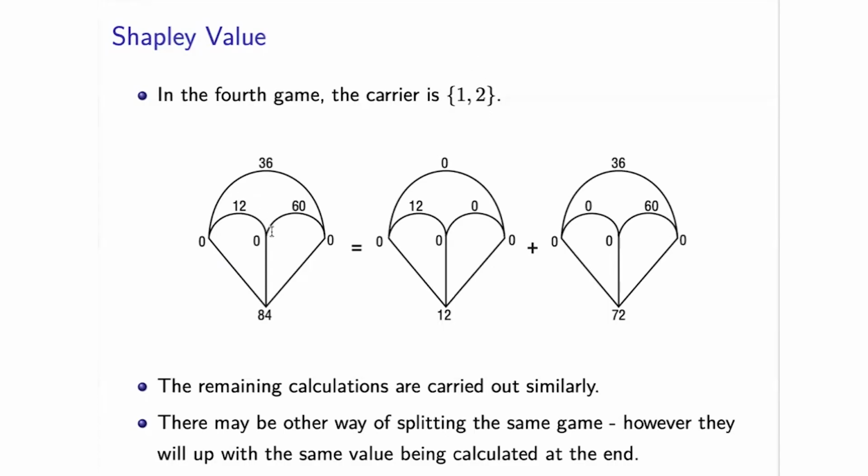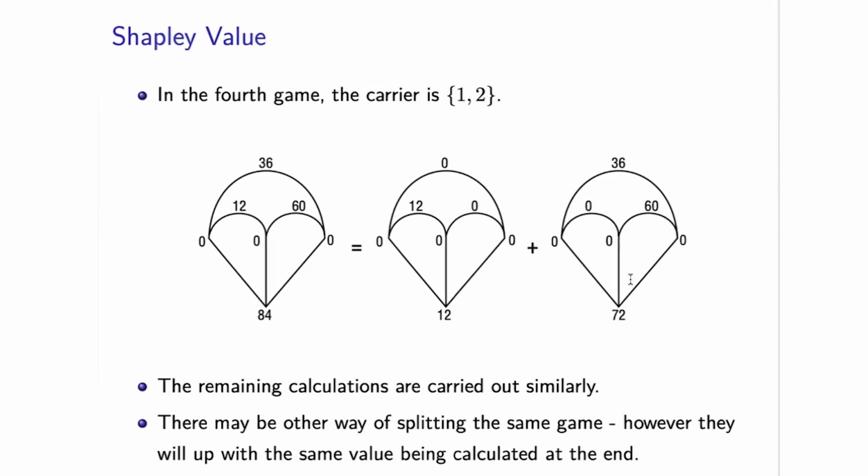So 1, 2 was generating 12, right? So every time you have got 1, 2 as part of any coalition, you should write down 12 there, right? So 1, 2 is clearly part of 1, 2, so we have written down the 12 here. But the other coalition where 1, 2 are part is basically 1, 2, 3, right? So in this place, instead of 84, you will write down 12, right?